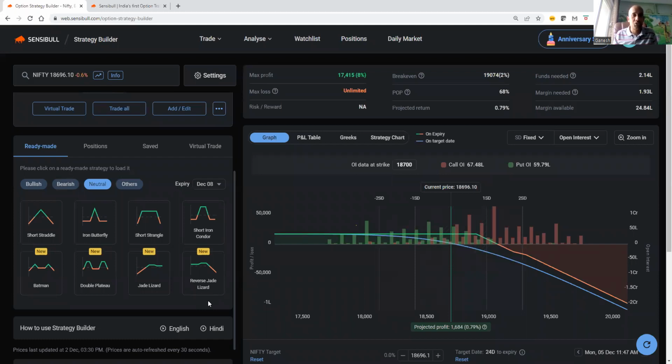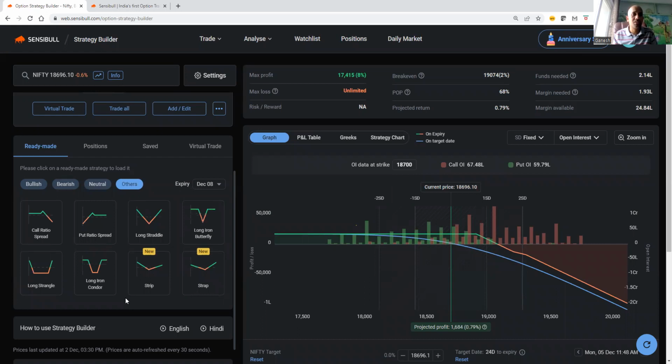There are different flavors of the same underlying strategies. Wherever we go, short straddle or short strangle is a basic strategy, and on top of that all other strategies are built to make different risk-reward shapes as per risk appetite.